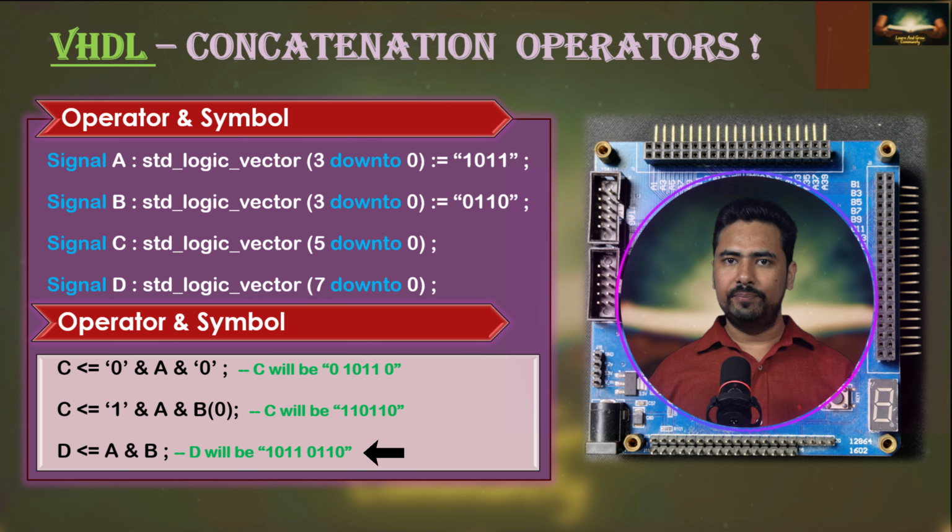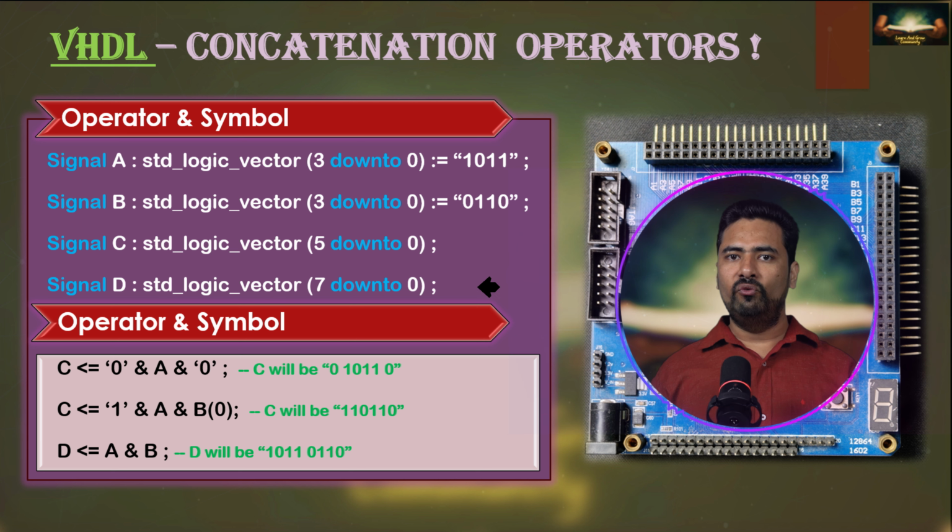Now the last example, this looks very straightforward. So D gets the value of A and B, semicolon. This ampersand is the concatenation operator. So we concatenated signal A and signal B. And because both of these signals are 4 bits long, we will have a total of 8-bit data. This means that signal D must be 8 bits in length.